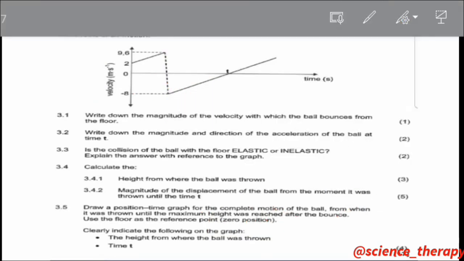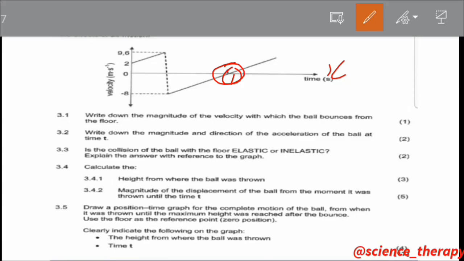Now 3.2 says write down the magnitude and direction of the acceleration of the ball at time t. Now we can see that at time t, that's where it is at the maximum height, right? Remember, the x-intercept indicates the time it reaches the maximum height. Then they ask us what is the direction of the acceleration of the ball at time t.